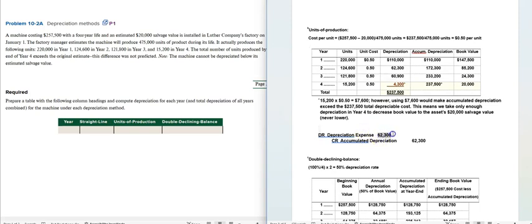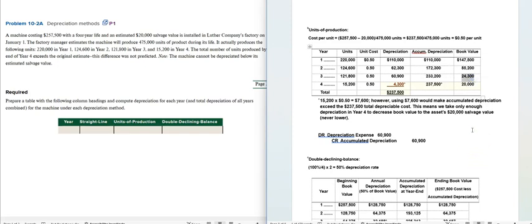I would debit depreciation expense for 60,900 and credit accumulated depreciation for 60,900. That will cause my accumulated depreciation balance to increase and my book value would fall. Cost of $257.5 minus my accumulated depreciation, book value of $24.3.